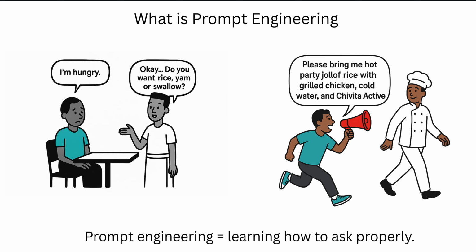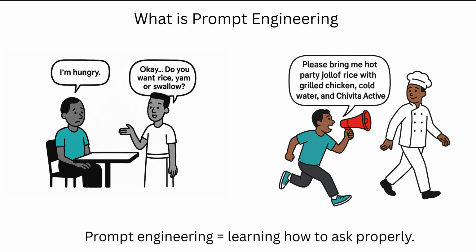And then the chef is like, okay, so what do you want? Do you want rice? Do you want yam? Do you want swallow? It's even a weird statement, because you're sitting in a restaurant and you know that you are there to eat. So you should have a specific meal that you want to eat. You don't tell the chef, I'm hungry. He knows you're hungry. You know you're hungry, but you're there to eat.